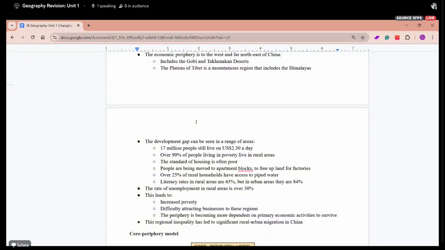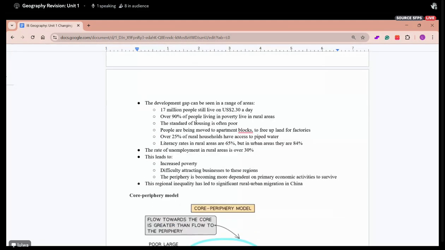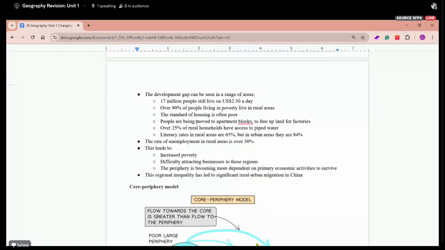Over 90% are living in poverty, and they live in rural areas. The standard of housing is often poor because people are being moved to apartment blocks to free up land for factories. Over 25% of rural households have access to piped water.